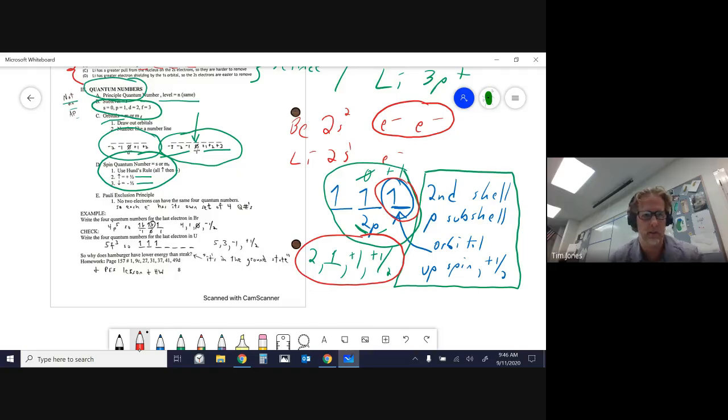So take a look at this example with bromine. Bromine ends in a 4p5. It says it wants just the last electron. You could do this for any electron, but normally we look at the last one. So you have to do your orbital notation. 4p, you could label it if you want. And it's got 5 electrons.